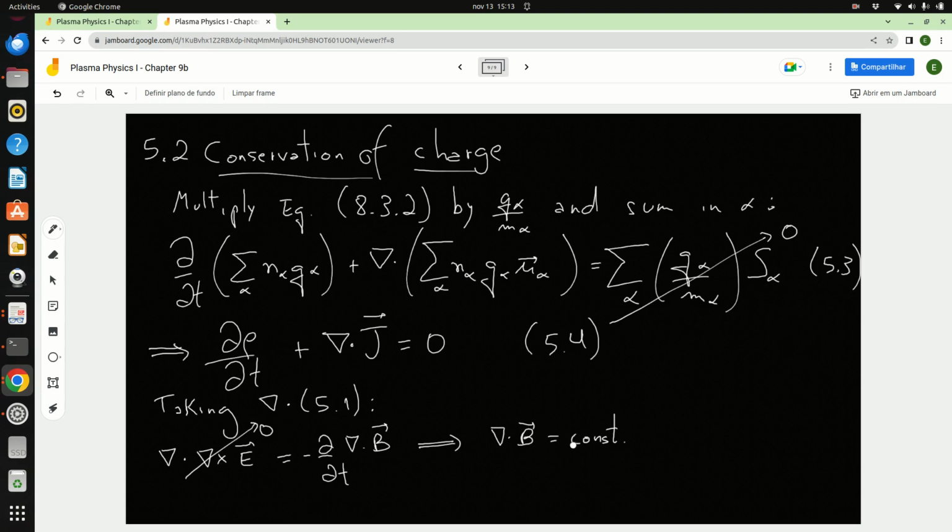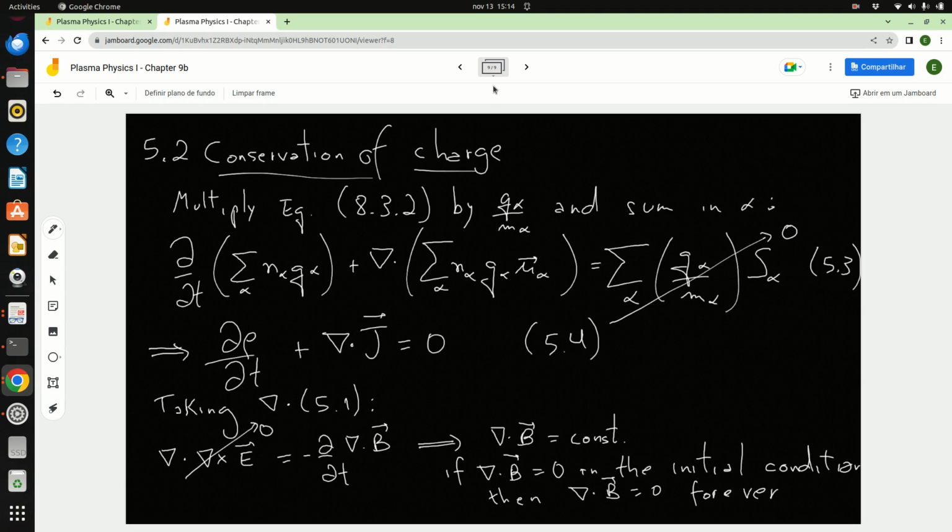But your computer does not know that, so you need to tell it that it's constant. So it's solving the equations, and if the divergence of B is equal to 0 in the initial condition, then divergence of B is equal to 0 forever because of this. So Gauss law will not be disrespected.